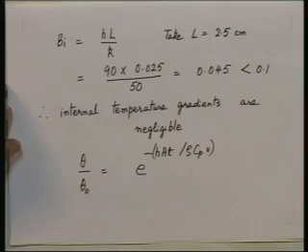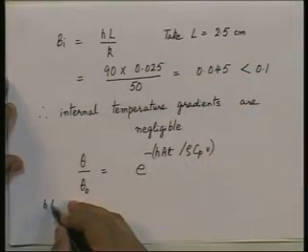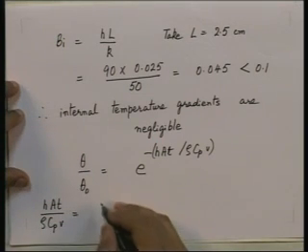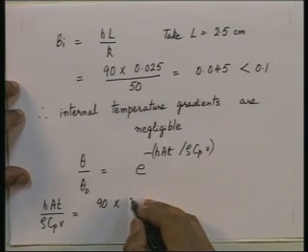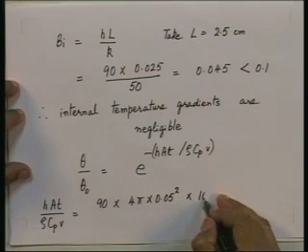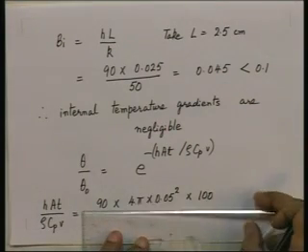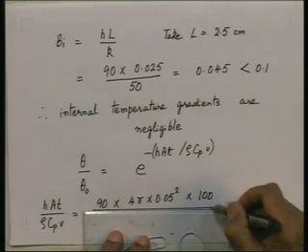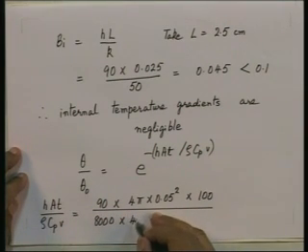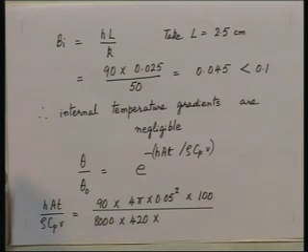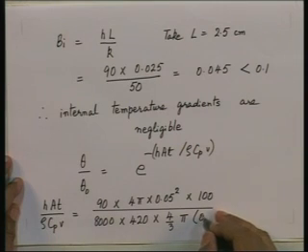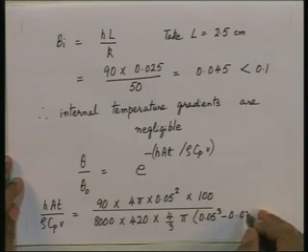So, first let us calculate H A T divided by rho C P V. It is equal to H, which is 90, A is 4 pi r squared, the area on the outer surface, 4 pi into 0.05 squared, into the time t, 100 seconds, all right, divided by rho 8000 into Cp, which is 420, multiplied by the volume of the sphere, 4 by 3 pi into 0.05 cubed minus 0.025 cubed.